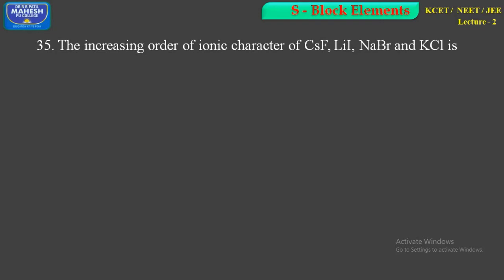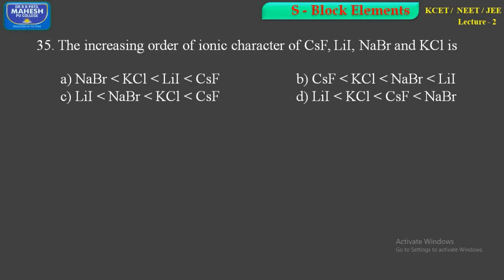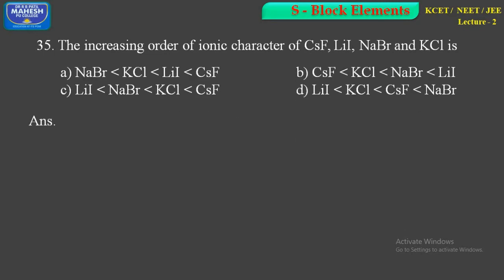Question 35. The increasing order of ionic character of cesium fluoride, lithium iodide, sodium bromide and potassium chloride is. Students, larger cation and smaller anion interaction gives more ionic character, whereas smaller cation and larger anion interaction gives more covalent character.